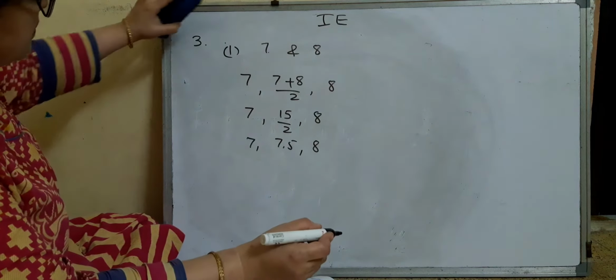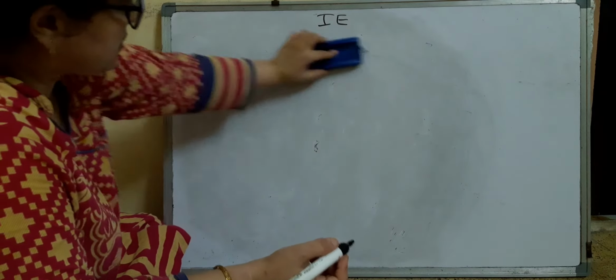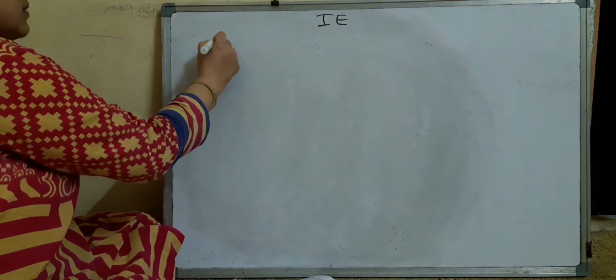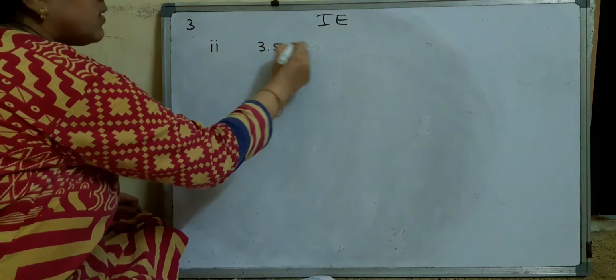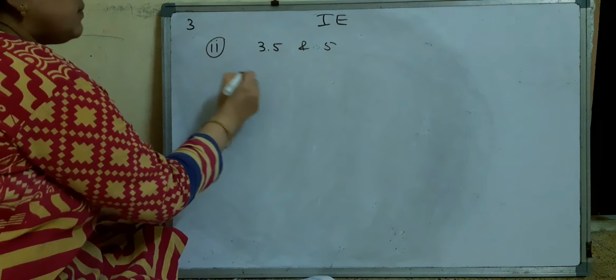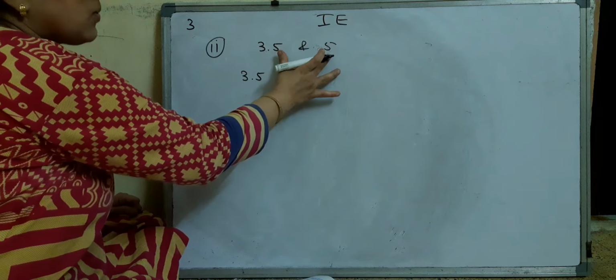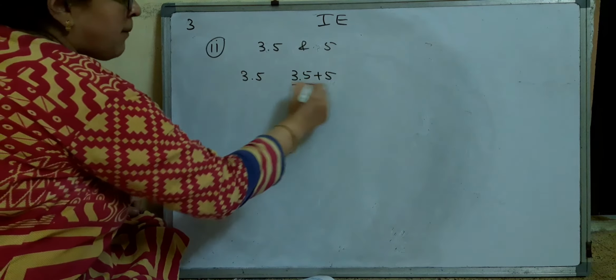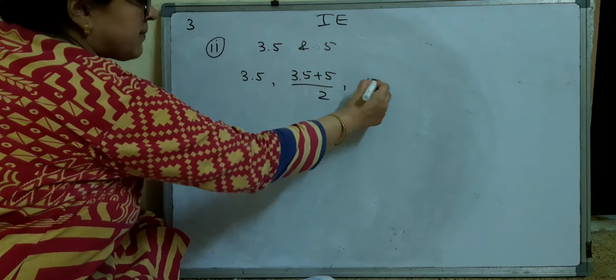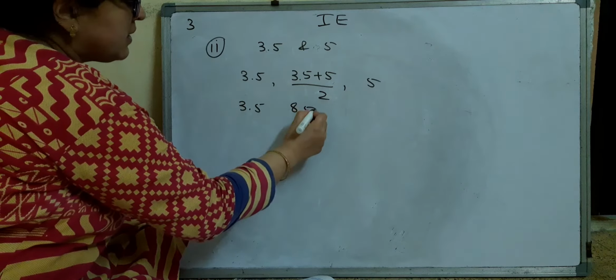Right? Insert it. Now, second sum, 3.5 and 5. Now you have to write the first 3.5. First of all add both and then divide by 2. So 3.5 plus 5, addition is 8.5 upon 2.